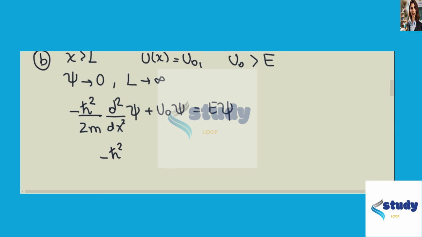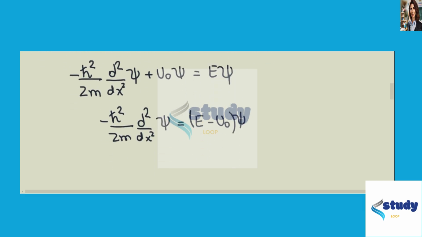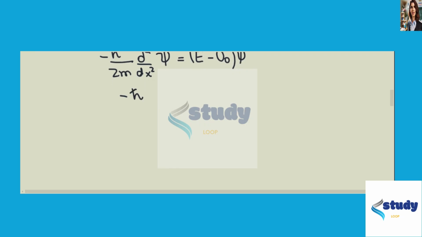Actually, let me do it like this. The second derivative of phi is equal to 2m times U0 minus E divided by h bar squared times phi.